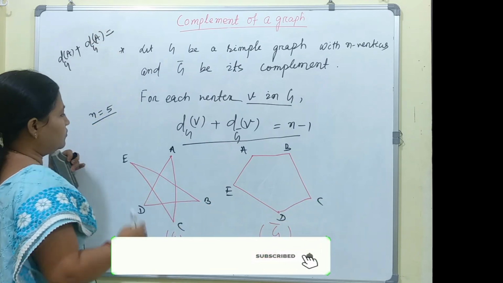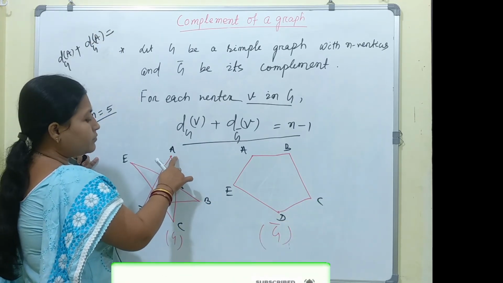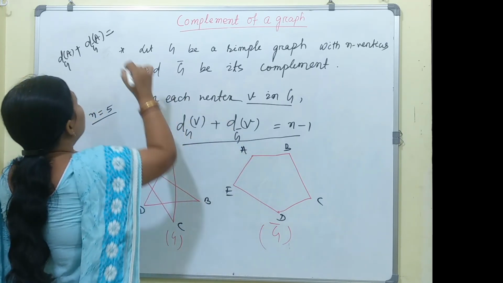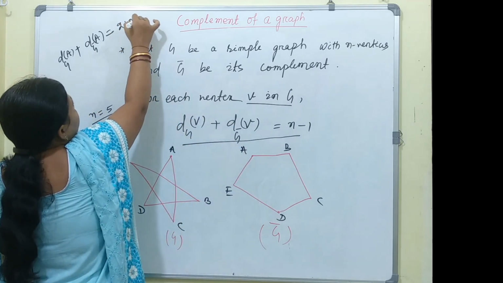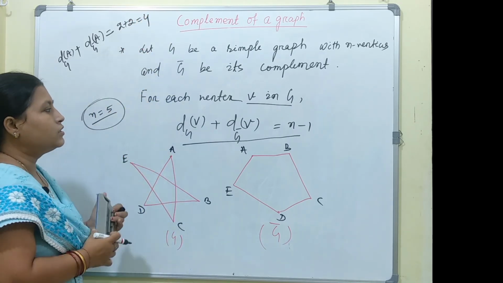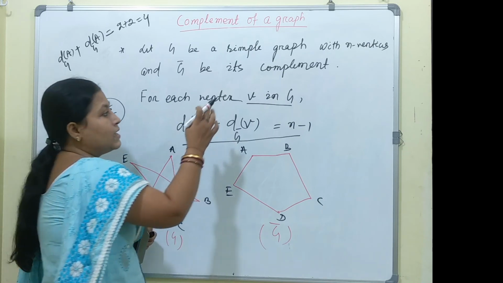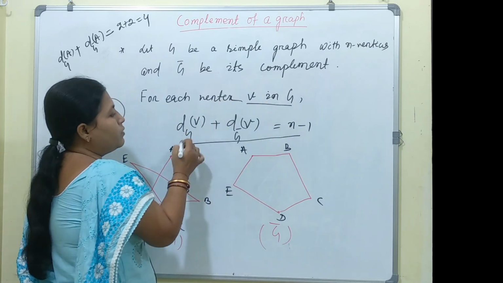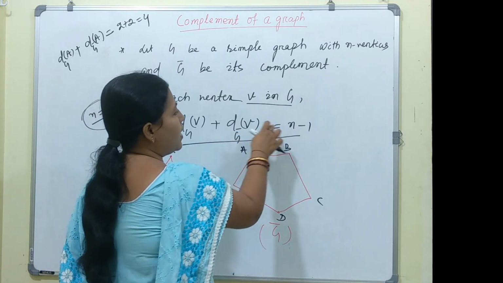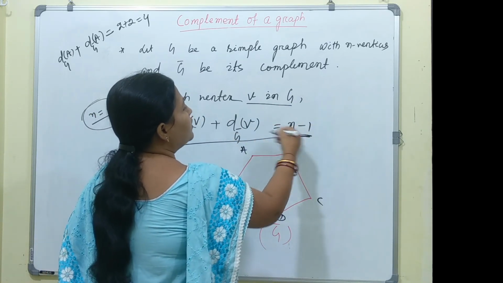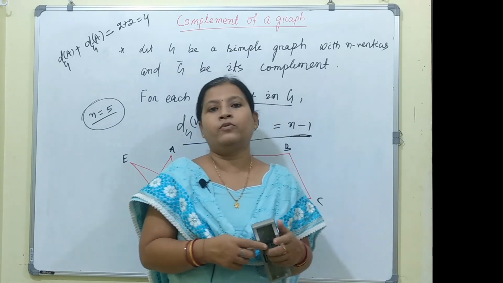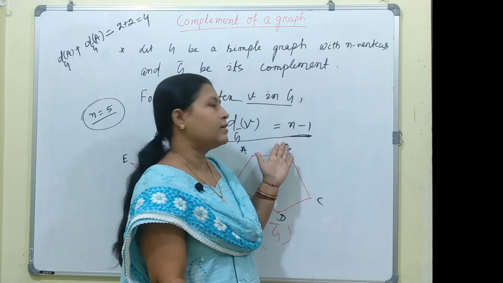The degree of A in G is 2 and in G bar it is also 2. So 2 plus 2 is equal to 4, that is n-1. So for each vertex in G, the degree of V in G plus the degree of V in G bar is equal to n-1. In all graphs you can check this point.